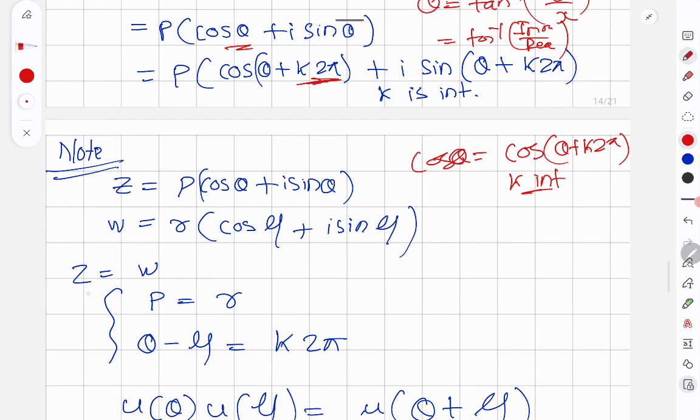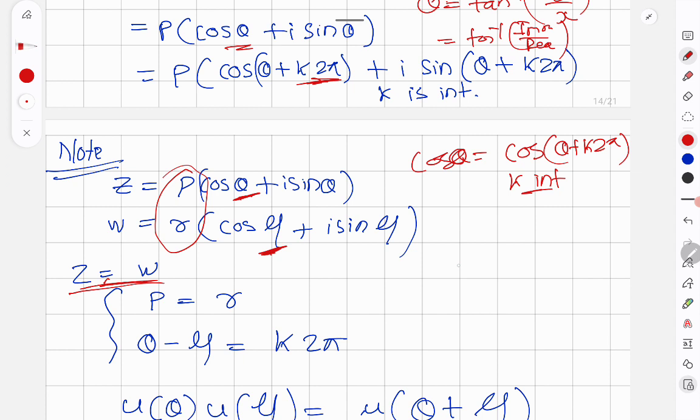If you want your z and w to be equal, condition number one: rho and r must be equal, and theta and phi must differ by multiples of 2 pi.